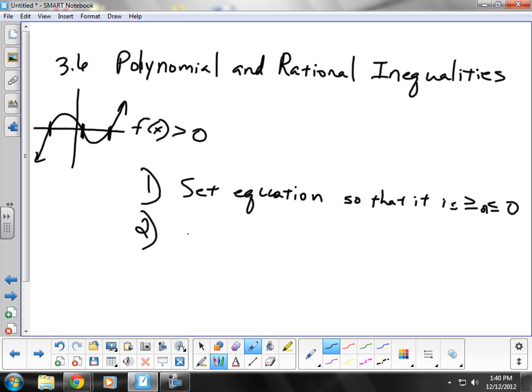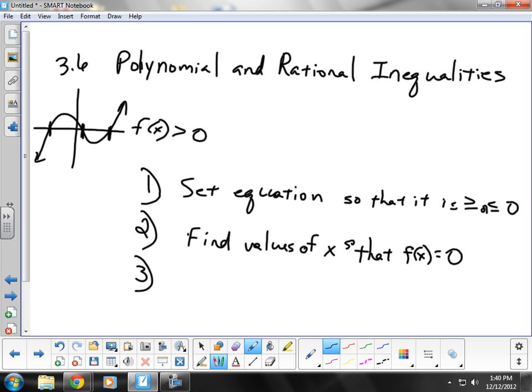Then step 2, you find the values of x so that f of x is equal to 0.